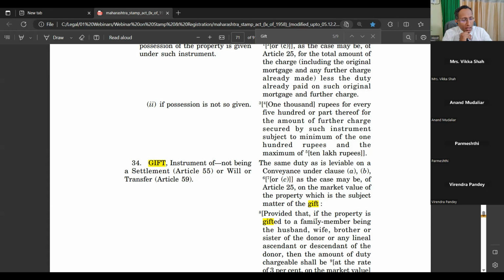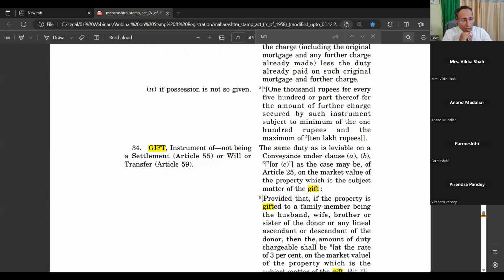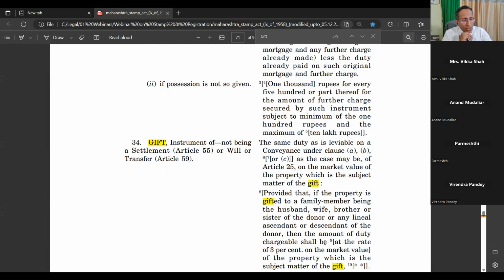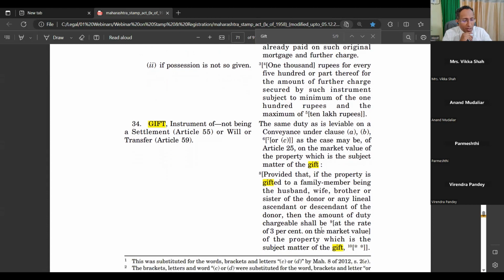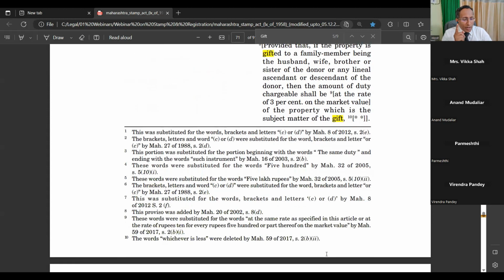If the property is gifted to a family member, being husband, wife, brother or sister of the donor, or any lineal ascendant or descendant of the donor, then the amount of duty chargeable shall be at the rate of 3% of the market value of the property which is the subject matter of the gift. So if it is being given to the family member as they have defined here, then it will be 3%.